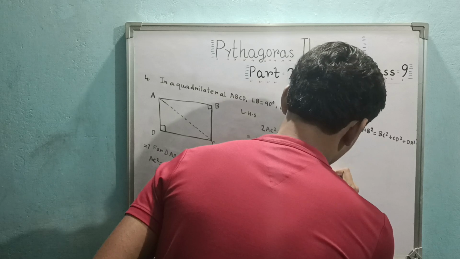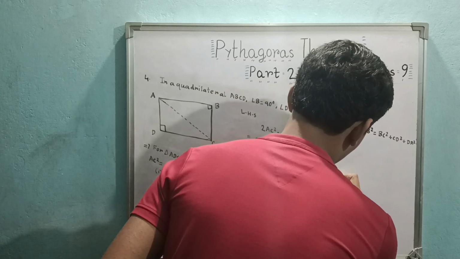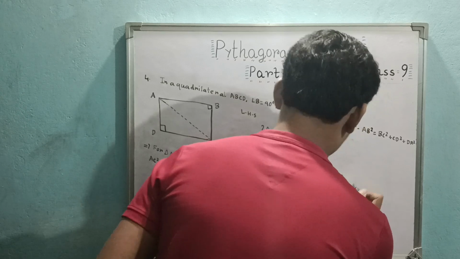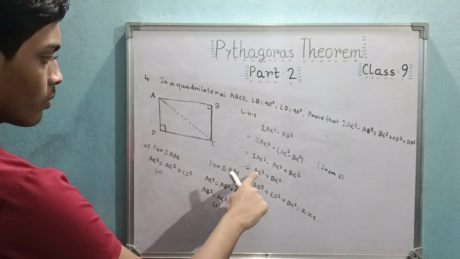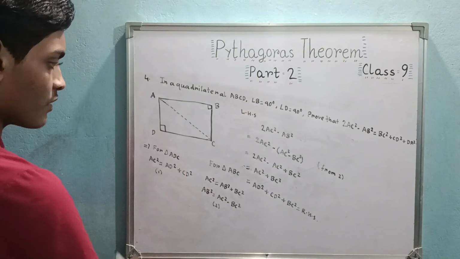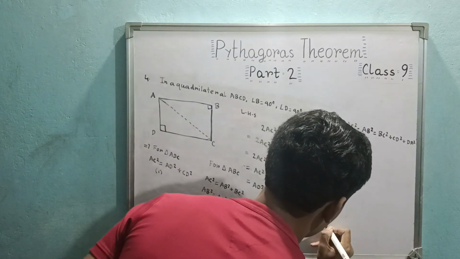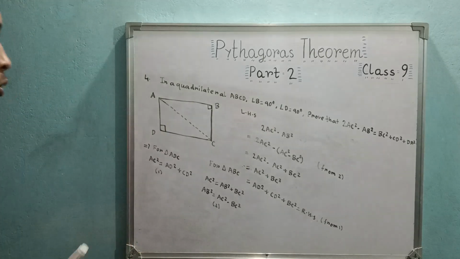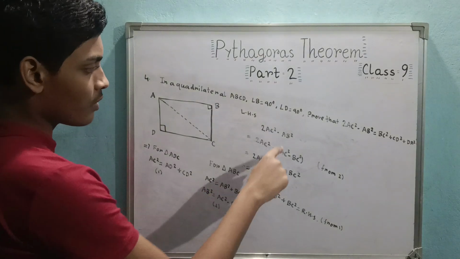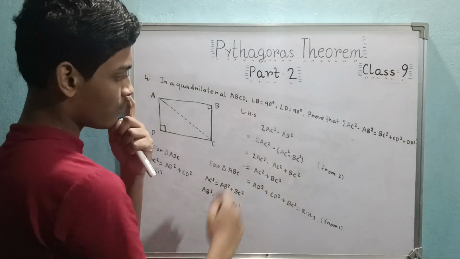Remember, you have to write from where you are getting it. Similarly, for AC square's value, I substituted AD square plus CD square from 1. So I substituted AB square's value with AC square minus BC square.